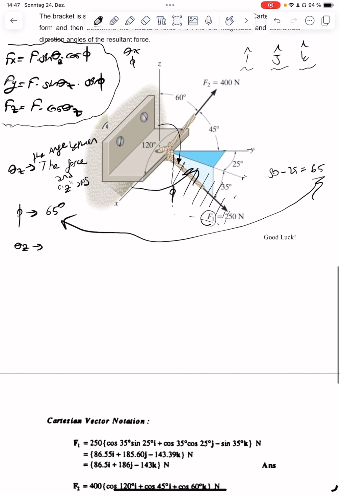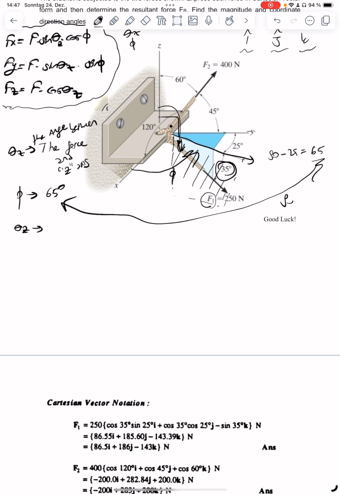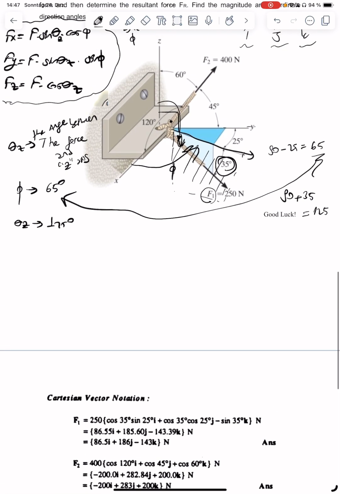If you look carefully, between the x and y axis here we have 90 degrees, and also we have 35 degrees. So 90 plus 35 degrees equals 125 degrees. Okay, we found theta z.